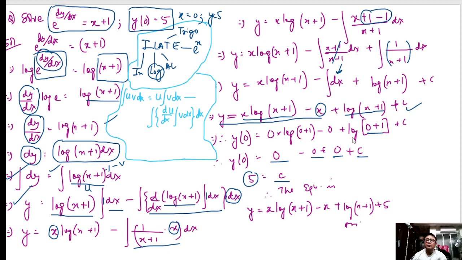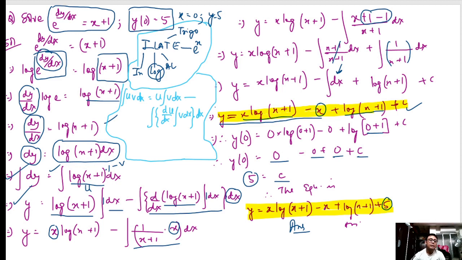Now replacing the value of c in the solution, that is our ultimate answer of the solution of the differential equation.